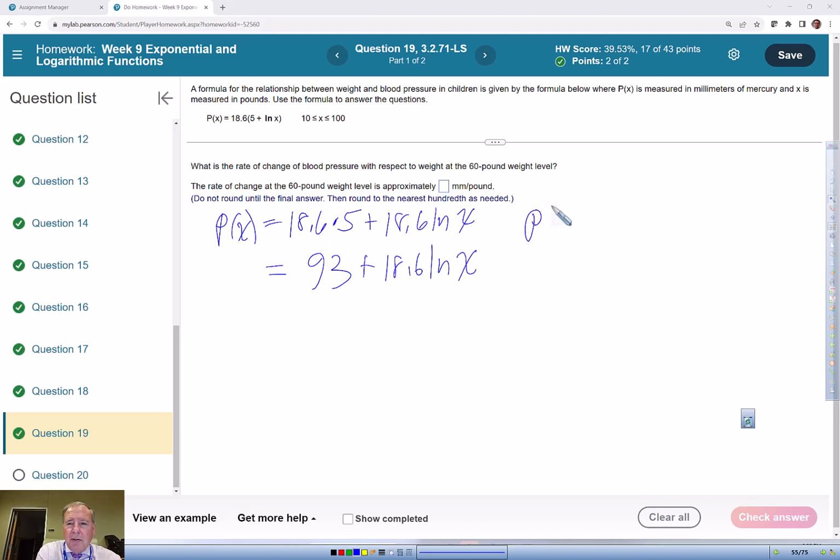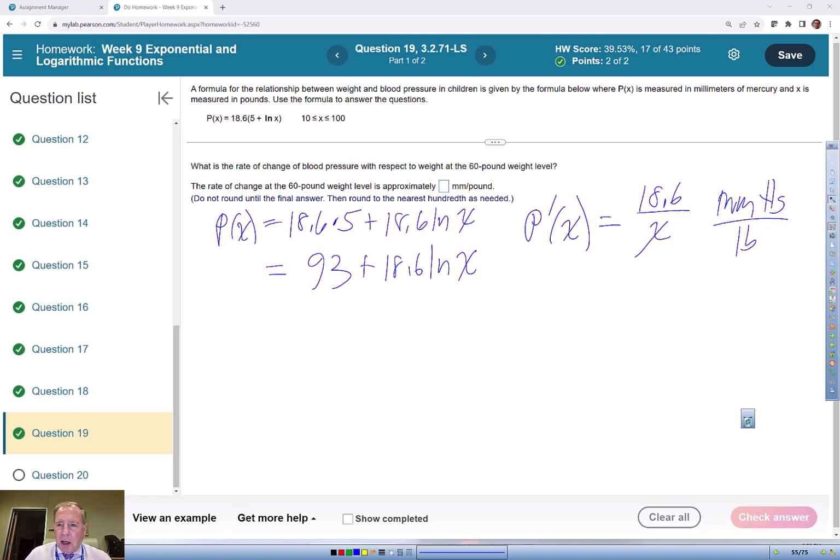So when we take the derivative of this blood pressure function, the constant's going to go away, and I'm going to get just 18.6 divided by x, and that's going to be millimeters of mercury per pound of change.